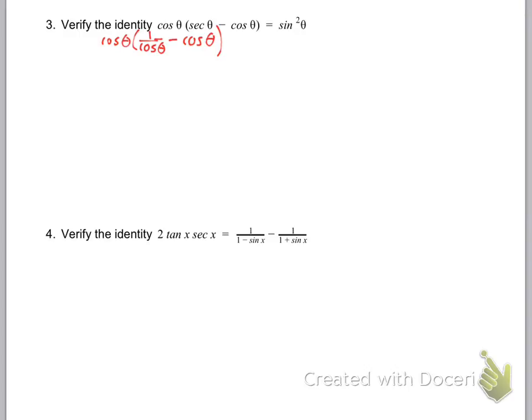Hey, what can I do with cosine now? Multiply it in. Distribute. What is cosine times 1 over cosine? 1. So that gives 1 minus cosine squared theta. What does 1 minus cosine squared equal?